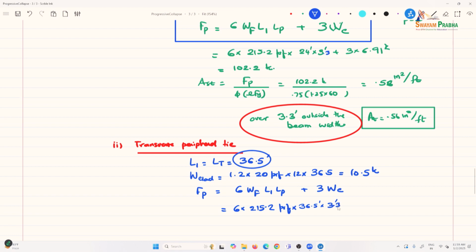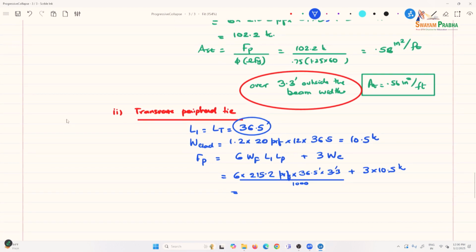So 3.3 feet plus, it's kind of strange they have that over a meter rather than feet, but that's the way they have framed it. So this is 10.5 kips. Overall it shouldn't affect, what do we get here? This is divided by 1000, should be around 180 something. So 6 times 215.2 times 36.5 times 3.3 by 1000 plus 30.